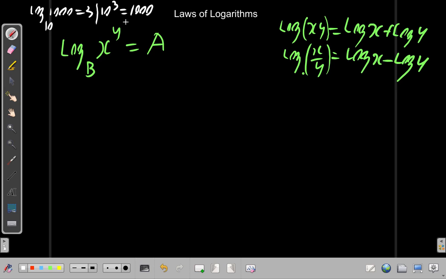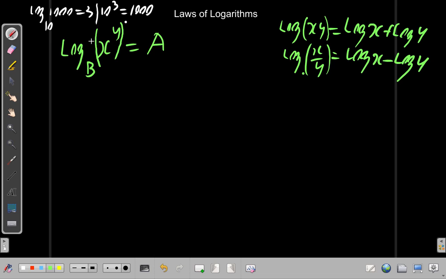Remembering to jot that down will help you look at the right pattern in order to write from log to index form or from index to log form. Now remember that here it is the x to the y that you're logging. Let's write this in index form.